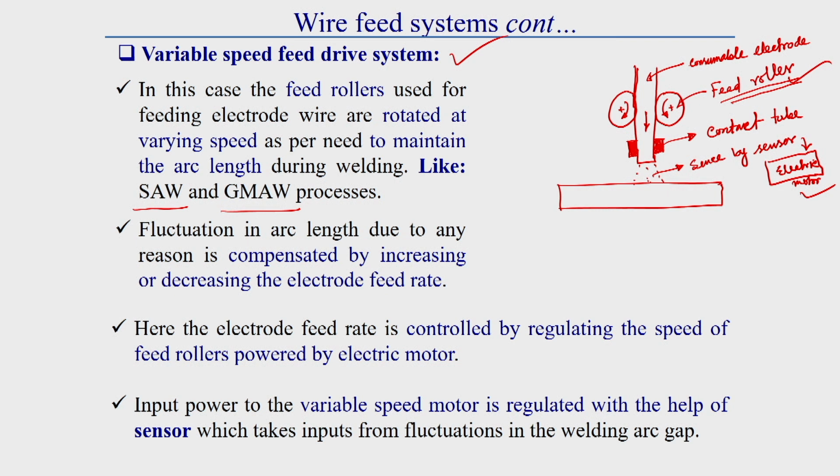If there is any fluctuation, then according to the input from the sensor, the feed roller controls its speed, and the arc length maintains its constant length. So, self regulating characteristics are not required here. By controlling the speed of the feed roller itself, we are controlling the required arc length.